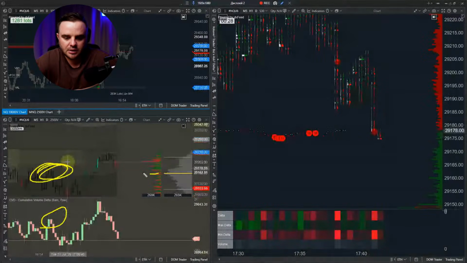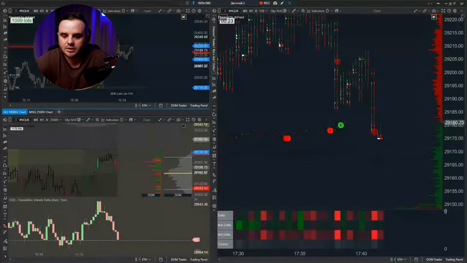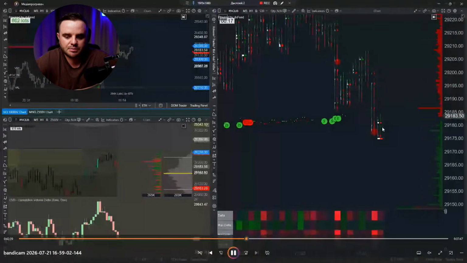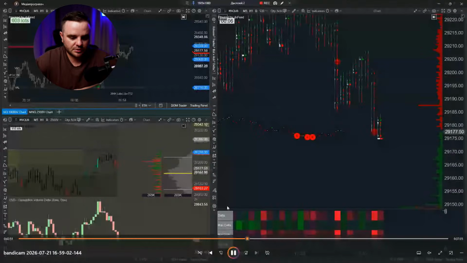And here, I think all of you can see quite a lot of sell orders. And the most important thing, there is no aggression. Because in most cases, if that's a breakdown, we will face tape acceleration. And have a look, so much delta dropped from 2k to nearly zero.